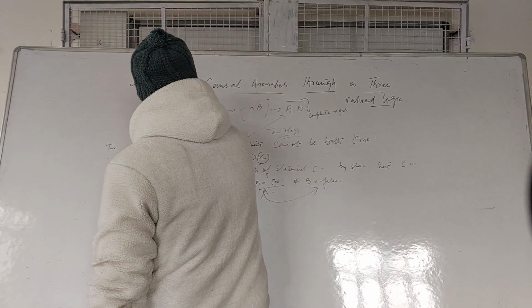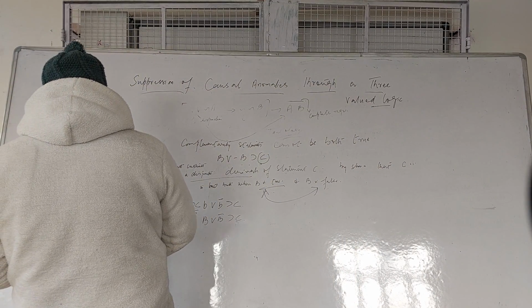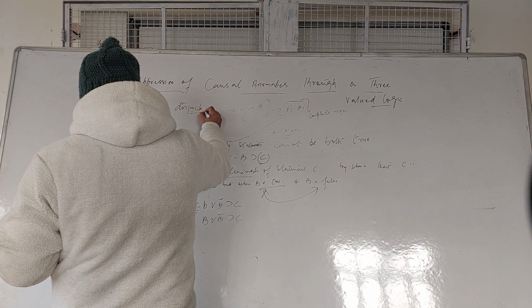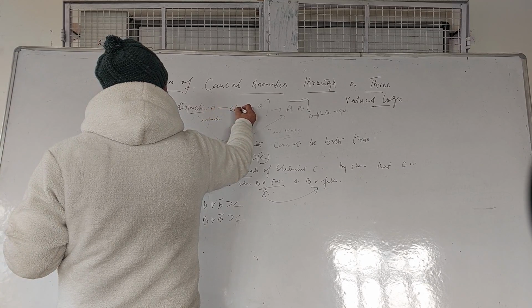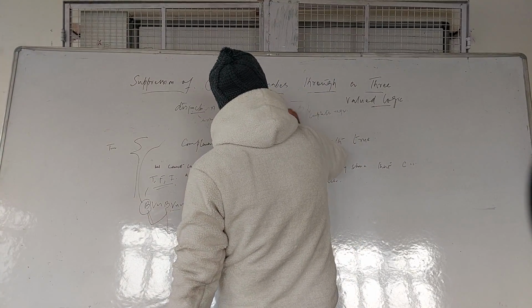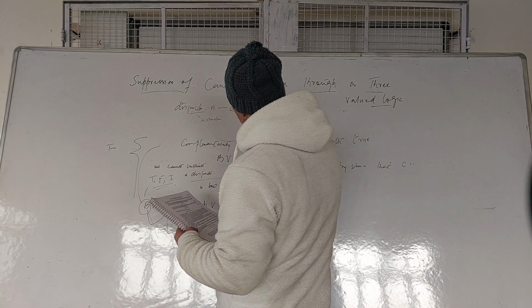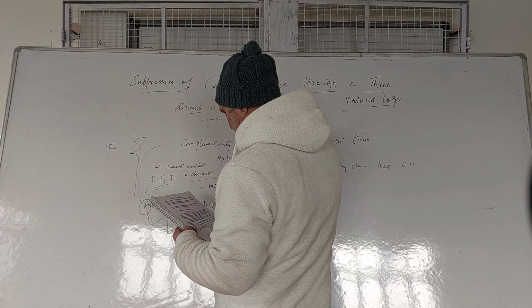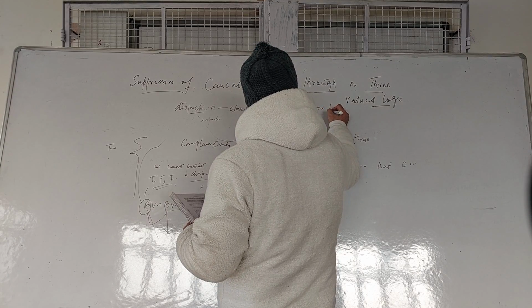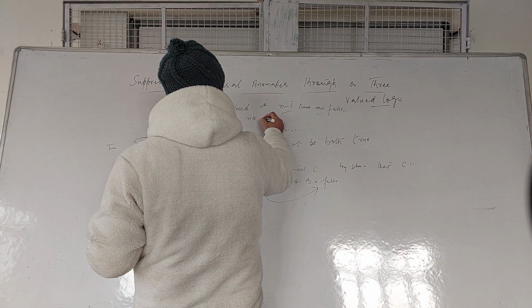Complete. So a disjunction is called closed in case n minus 1 terms are false and the nth term must be true.